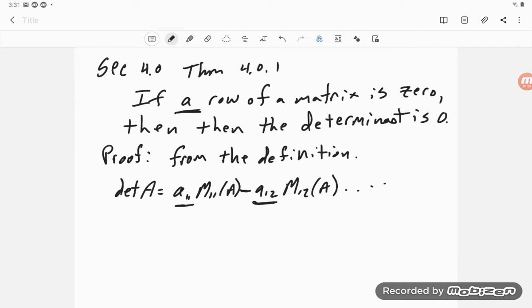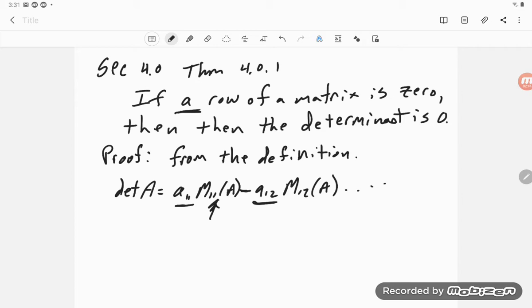Now, what if it's a different row? Well, in that case, I guess you could argue it comes from the definition, but it's not as obvious, right? Because it's buried in here in the minors.